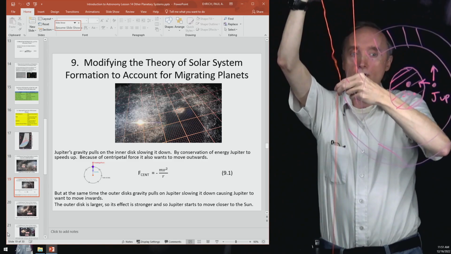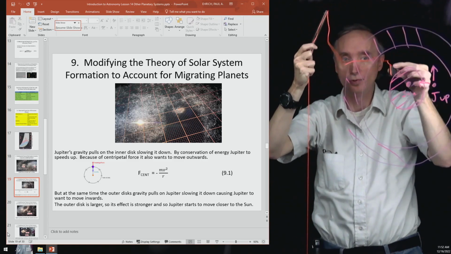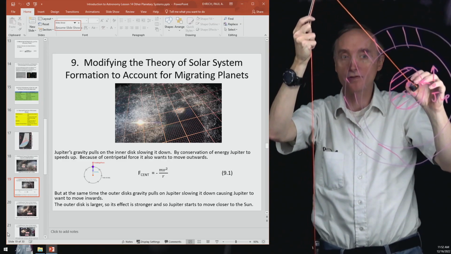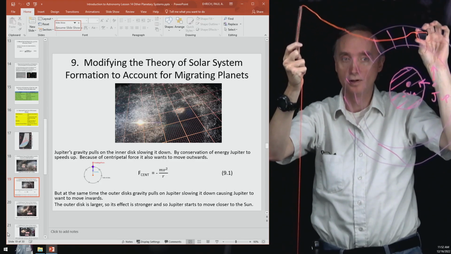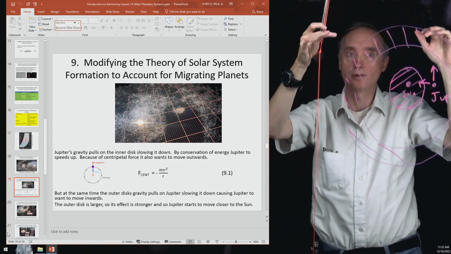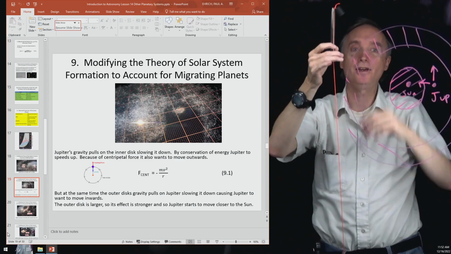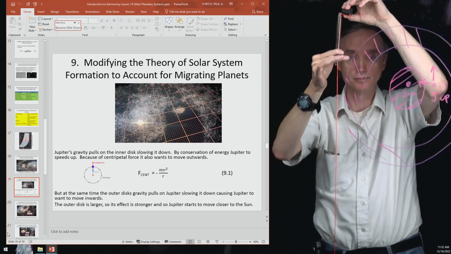So notice what the gravity of the sun would do to Jupiter. So Jupiter is going to be the rubber stopper. And so if Jupiter was not moving, you can see that Jupiter was pulled towards the sun.